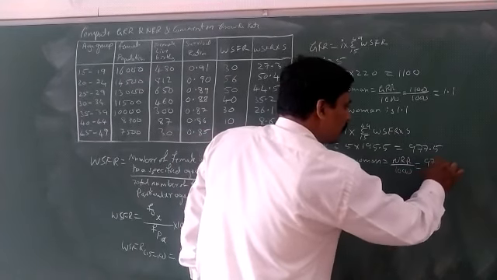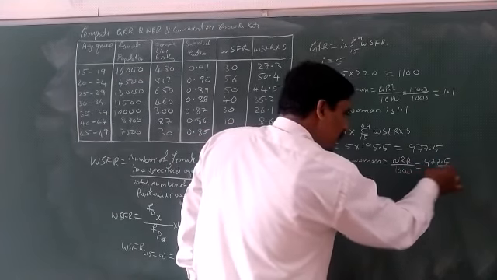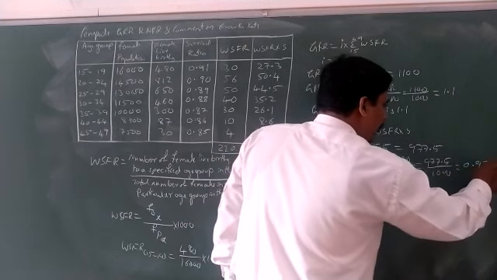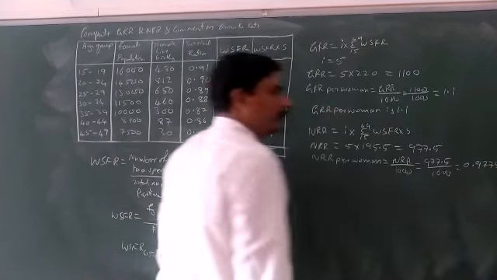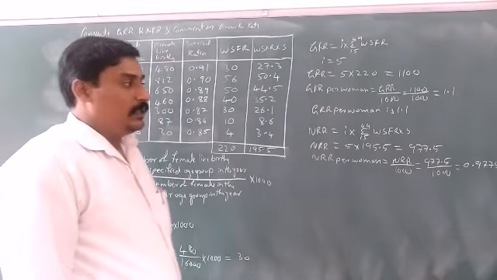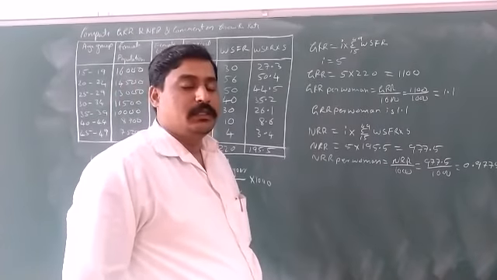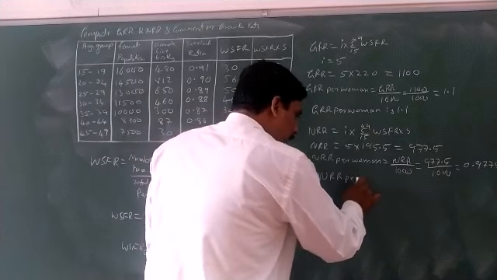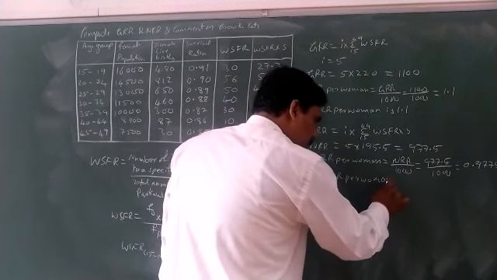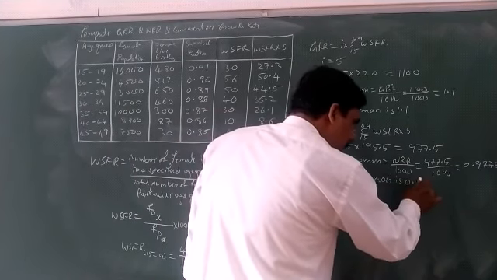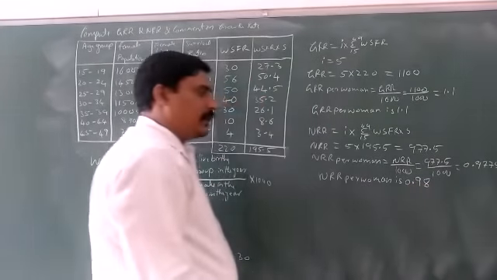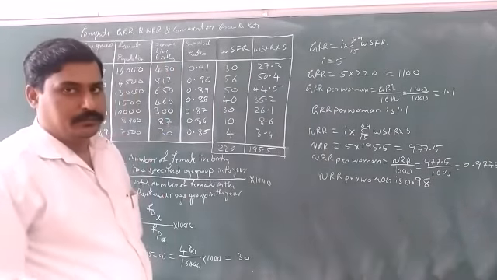That is 977.5 divided by 1000, which is equal to 0.9775. So approximately, if you round it off, we get 0.98. So NRR per woman is 0.98.